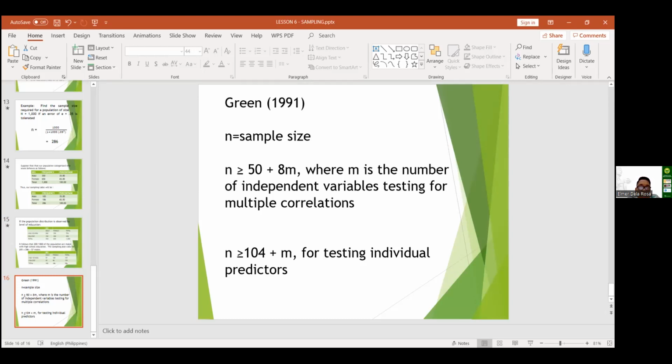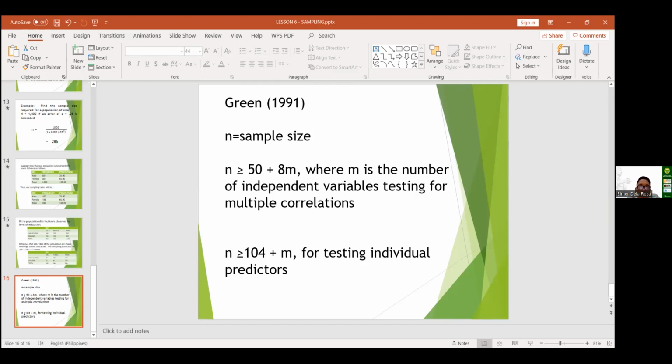So 50 is a constant plus 8 multiplied by m, where m is the number of IVs, testing for multiple correlations. So if you have 10 variables and you are testing for their multiple correlations, so that's 50 plus 8 times 10. So you need at least 90.